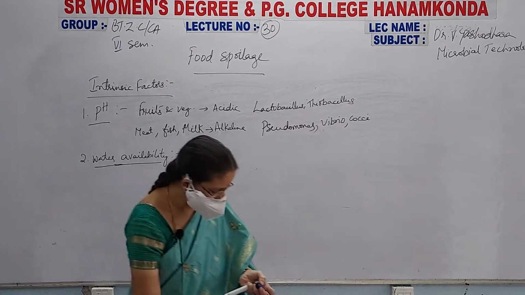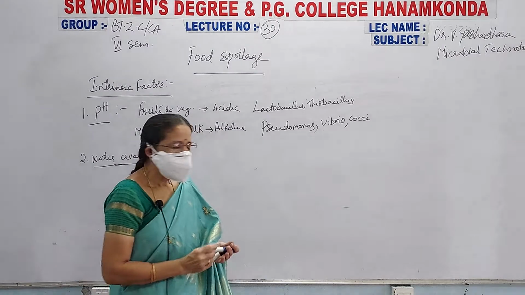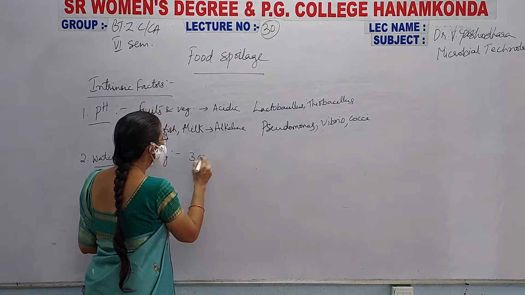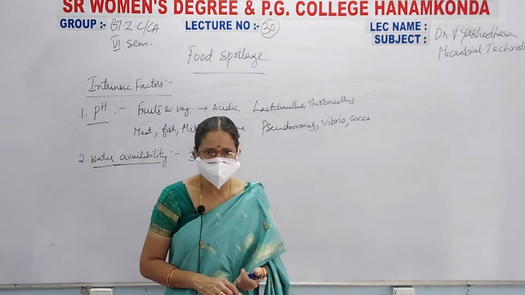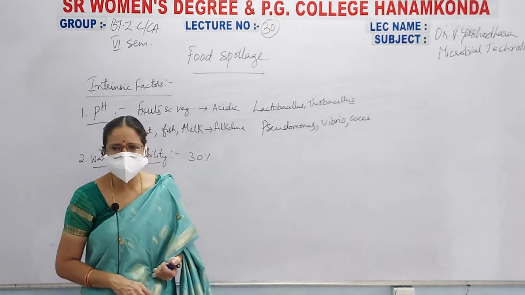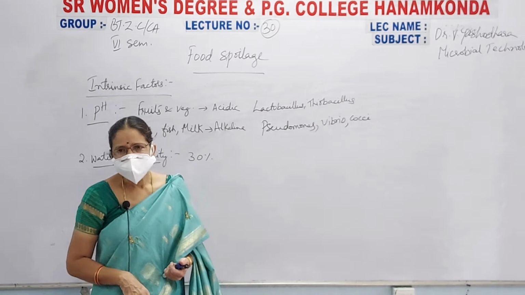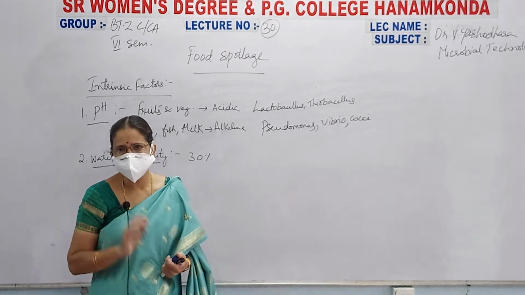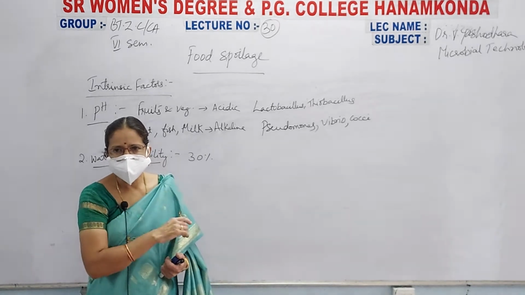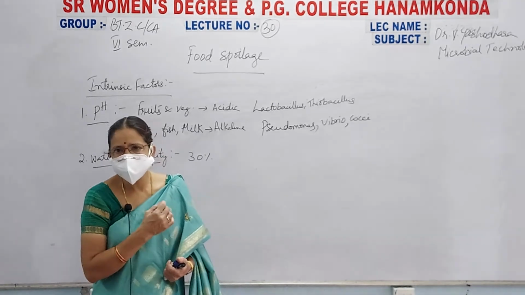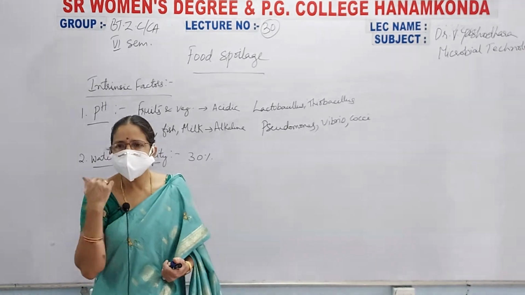Generally if 30% water is there in the food, that is suitable for the attraction of microorganisms. That means microorganisms get attracted towards the food if the food is having 30% water. At least 30% water is there, then the microorganisms will get attracted towards the food and they start spoiling the food.